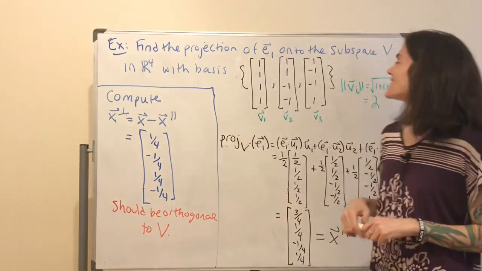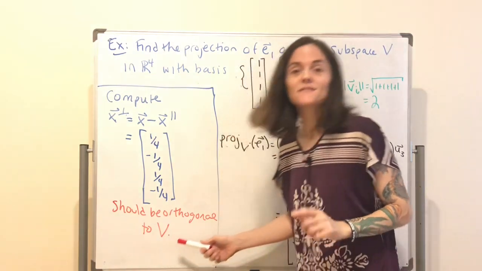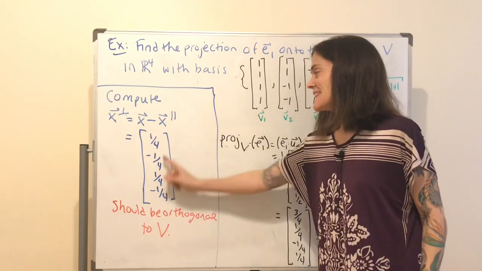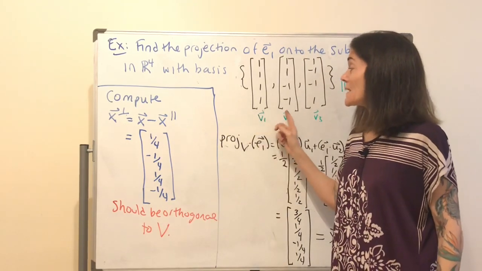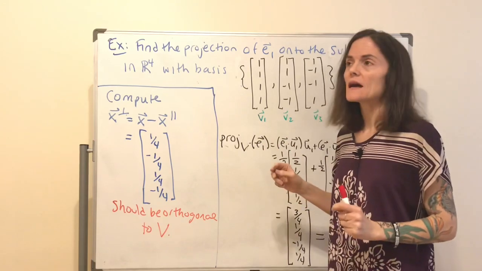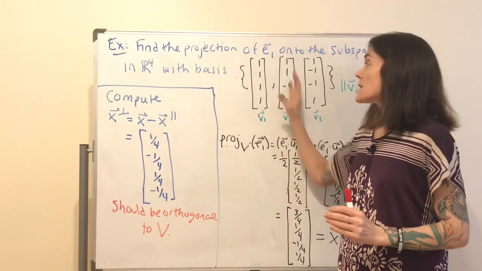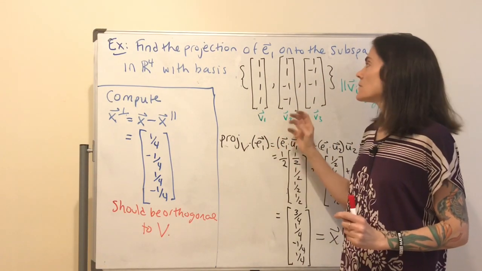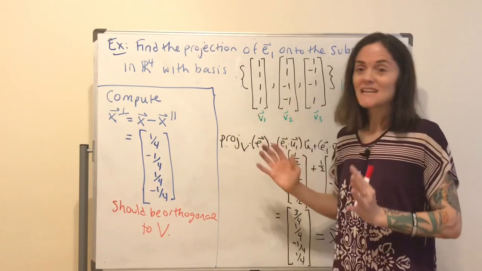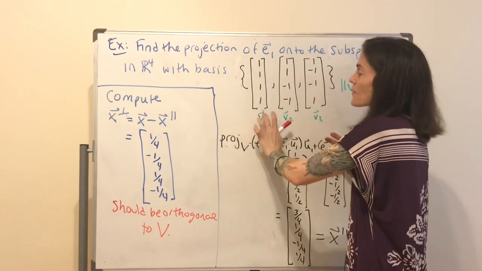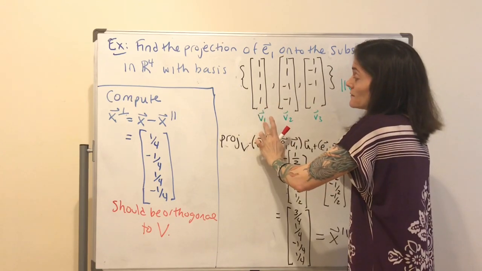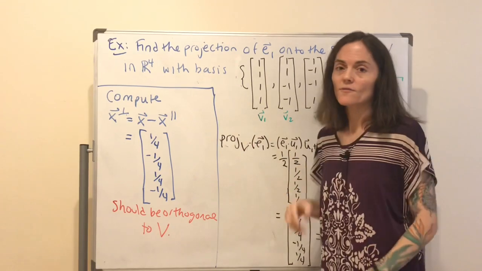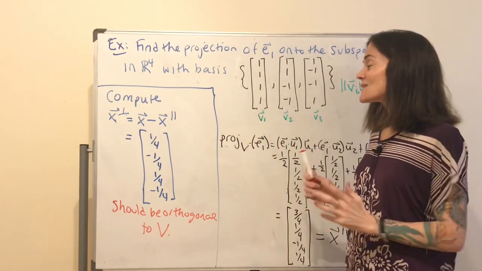But really, to verify this, we just need that this vector is orthogonal to each vector in a basis for V, because every vector in V may be written as a linear combination of the basis vectors, and if you take the dot product with a linear combination, you could write it in terms of dot products with these, with some coefficients. But if these all dot to 0, then you would get 0 for every single vector in V.